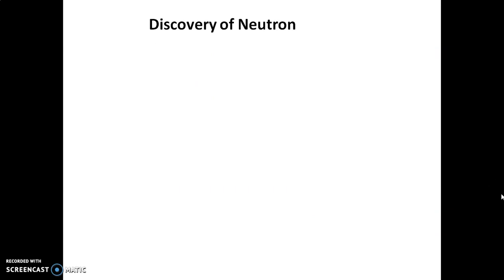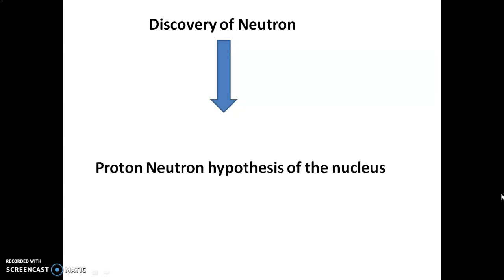So, the discovery of the neutron. Around that time, about 1932, the neutron was discovered, and this led to the proton-neutron hypothesis of the nucleus, which was proposed by Heisenberg, that the nucleus consists of protons and neutrons.